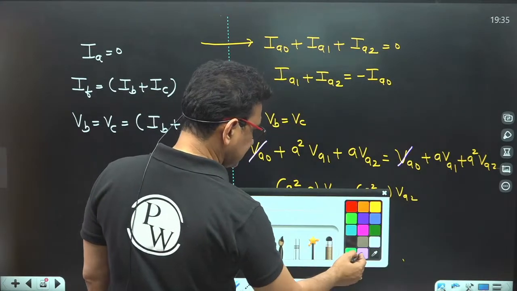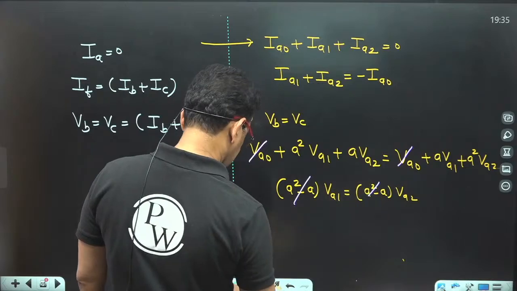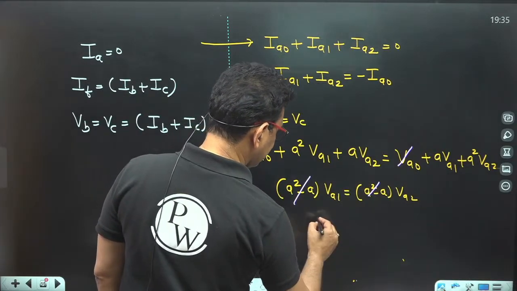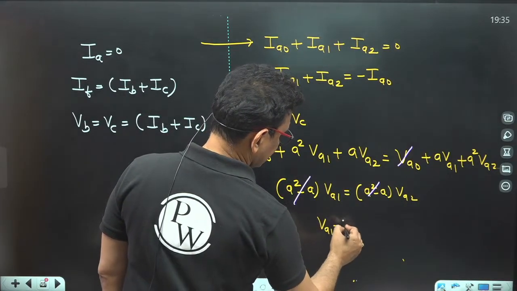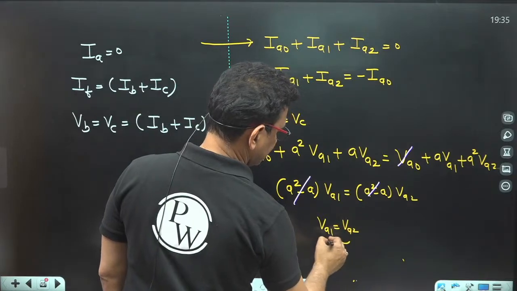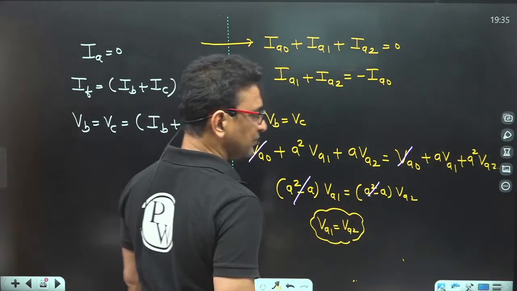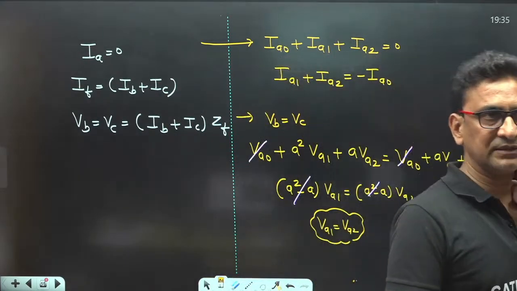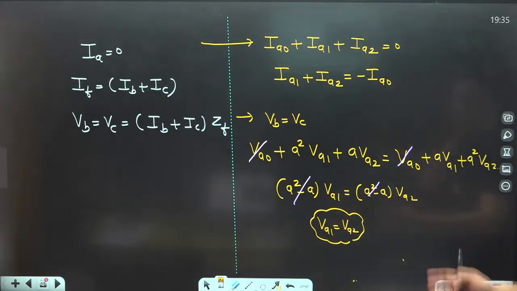Again the A square minus A will cancel out. That means VA1 is equivalent to VA2. From this it is clear that the positive sequence network and the negative sequence network are connected in parallel. That's why their voltages are equal.